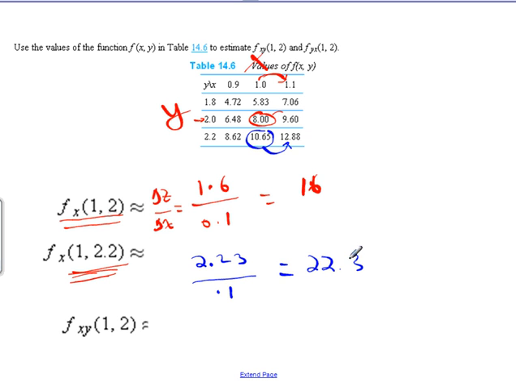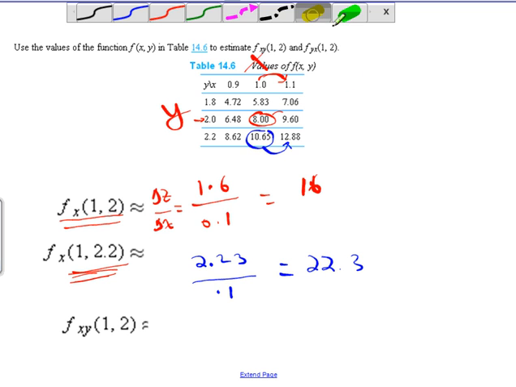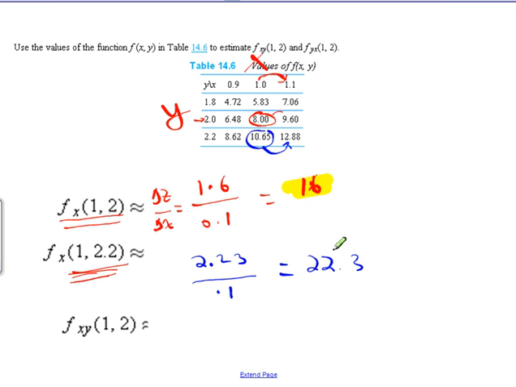So notice that these are rough approximations for my partial derivative with respect to x at 2 points that are close to each other. And so what we can say is, as our y value went from 2 to 2.2, we saw an increase in my partial derivative with respect to x.